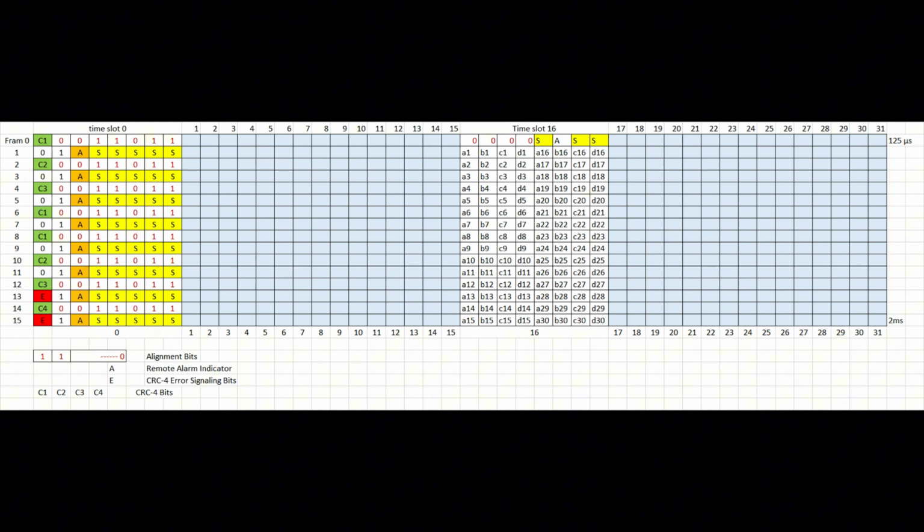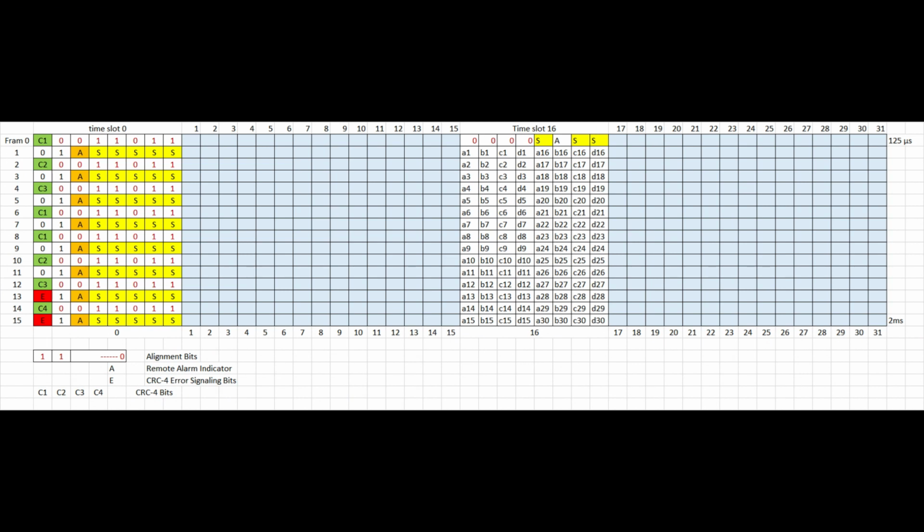So in E1, the sampling rate of each channel is 8,000 samples per second, and the frame duration is 125 microseconds. So the total E1 frame equals 32 time slots multiplied by 8 bits, which equals a 256-bit frame.